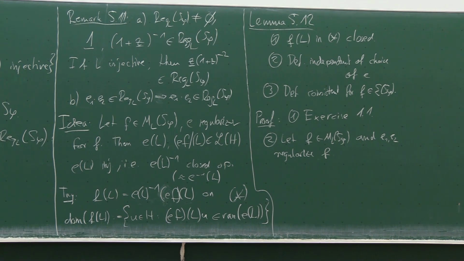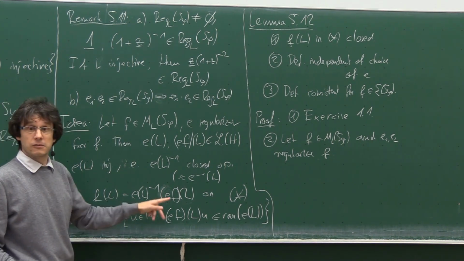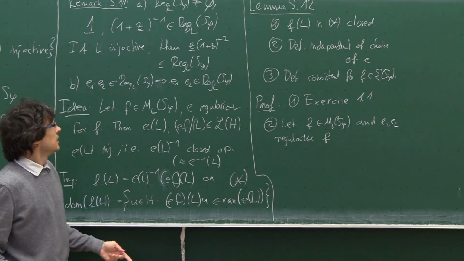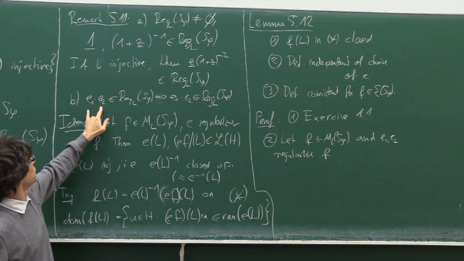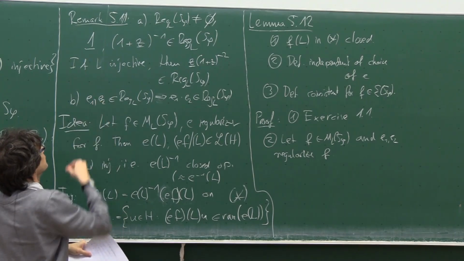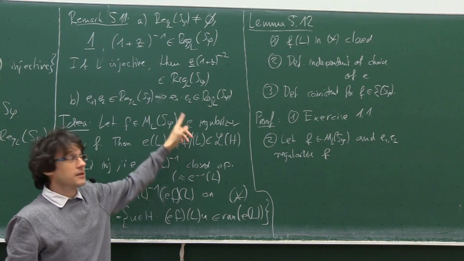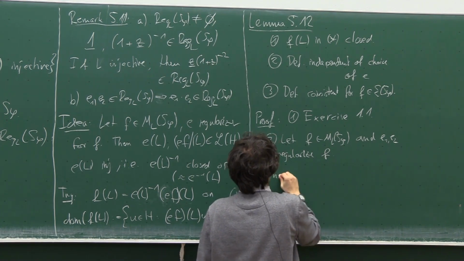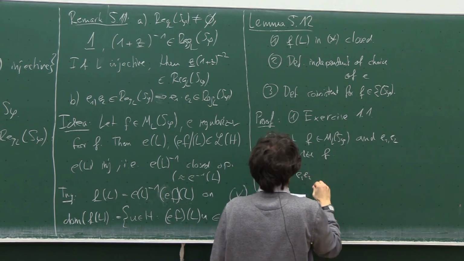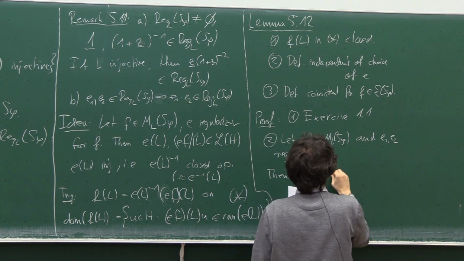And then we have to show that the definition here with E1 or with E2 comes to the same result. Now part B of the remark is of help: if you have two regularizers, then the product is also a regularizer. So we immediately know that the product E1E2 also regularizes f.